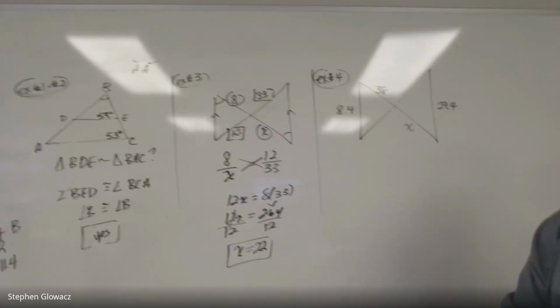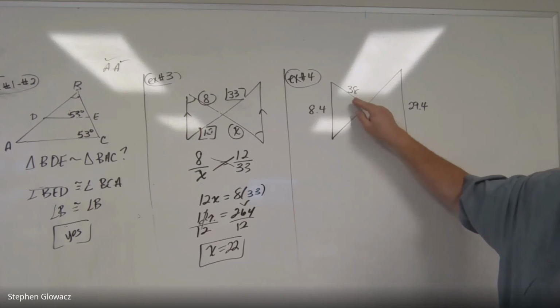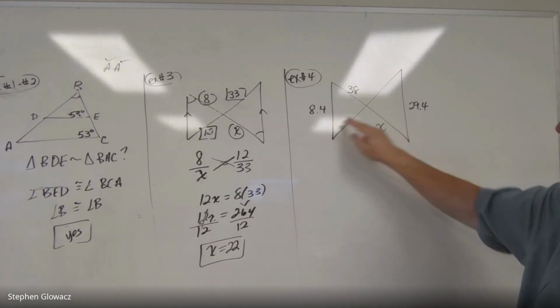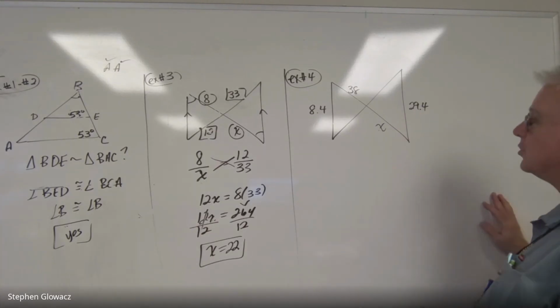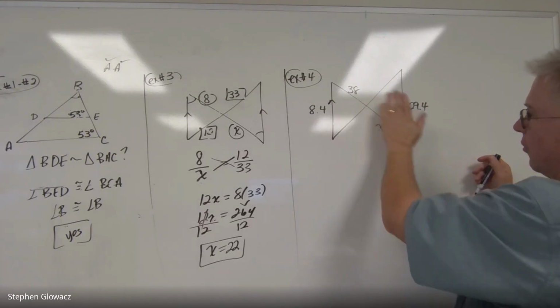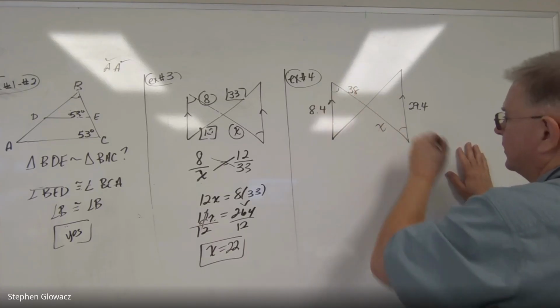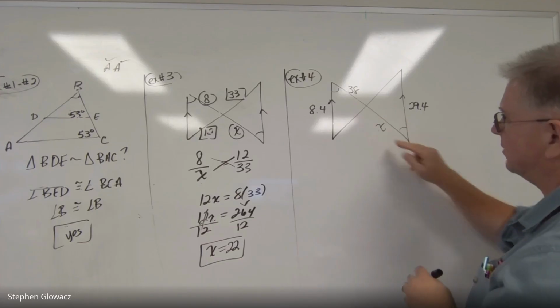And now moving over here to problem number 4. Once again, just double checking, making sure we have all the numbers correct. We do. So once again, the triangles don't flip, but rather rotate. So again, this angle would correspond to this angle. So these two sides correspond to each other.